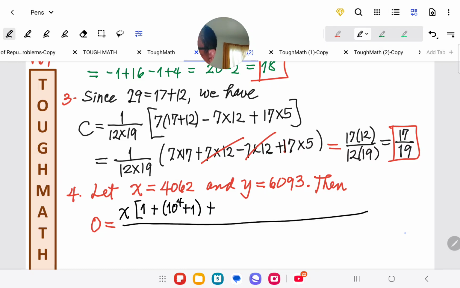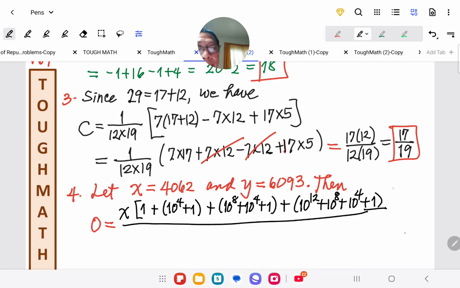And then we have 10 to the 8th plus 10 to the 4th plus 1, plus 10 to the 12 plus 10 to the 8 plus 10 to the 4 plus 1.